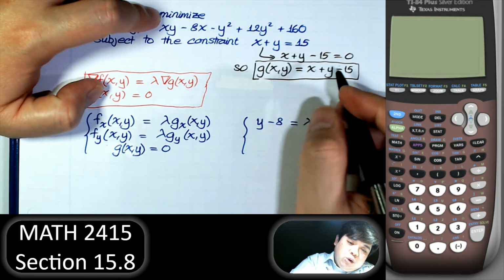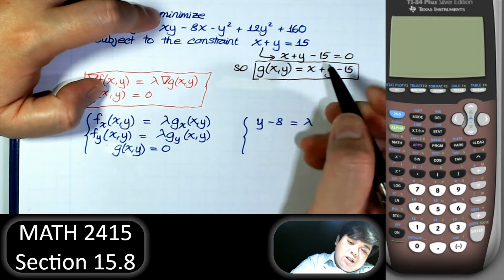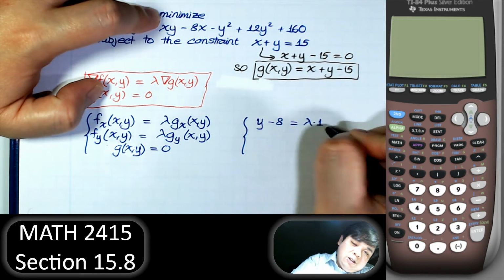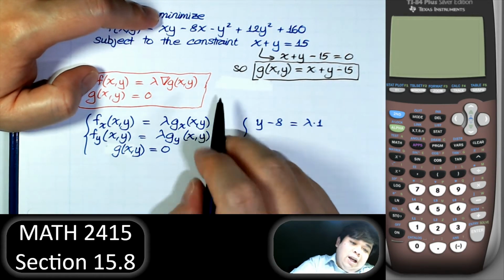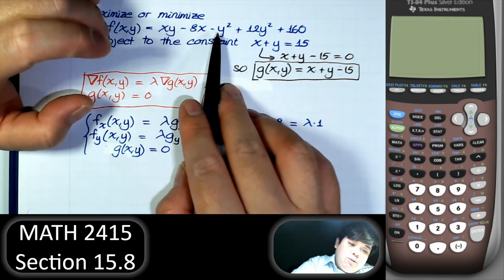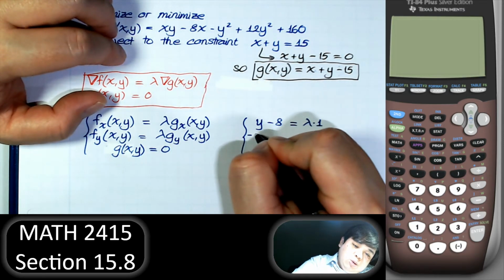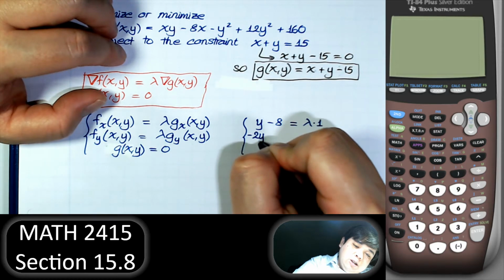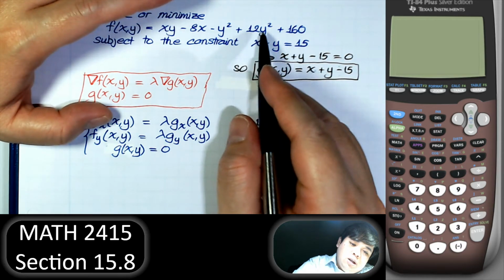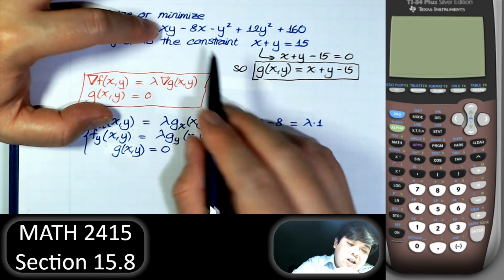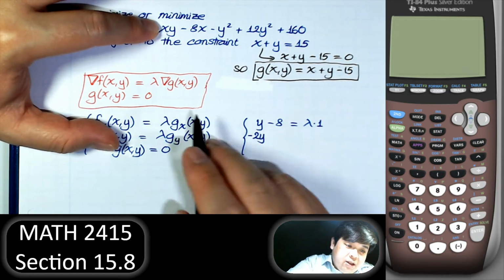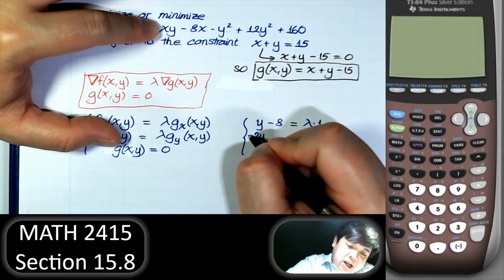Lambda times the derivative of g with respect to x, this is just 1. Now the derivative of f with respect to y. Sorry, I forgot this. The derivative of this with respect to y will be x.